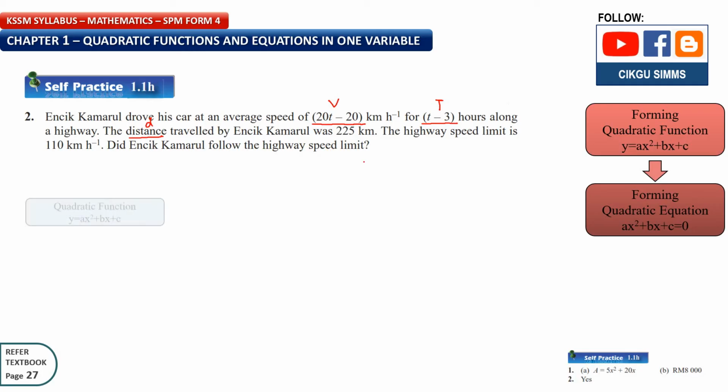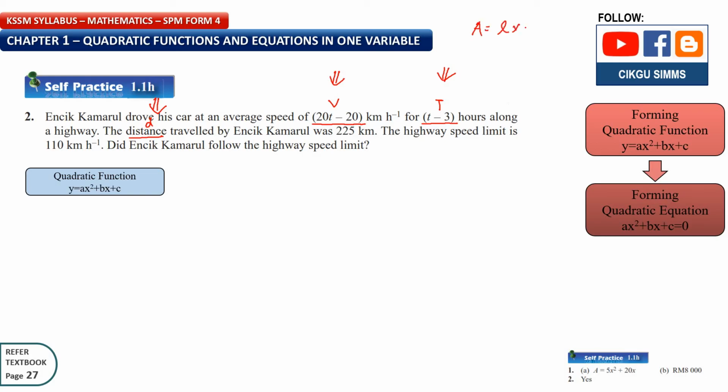Okay, so first we can form a quadratic function. To form a quadratic function, you need to know the relationship between the speed and time, and also the distance. Like the previous question, you know the area is length times width, right? So now you need to know the relationship between these three.